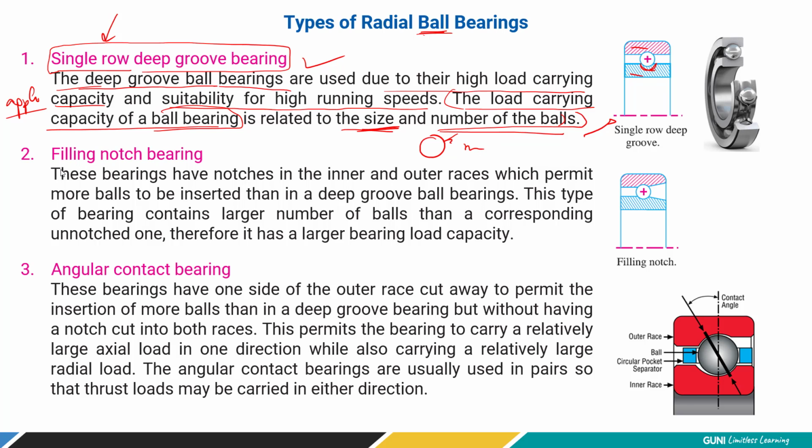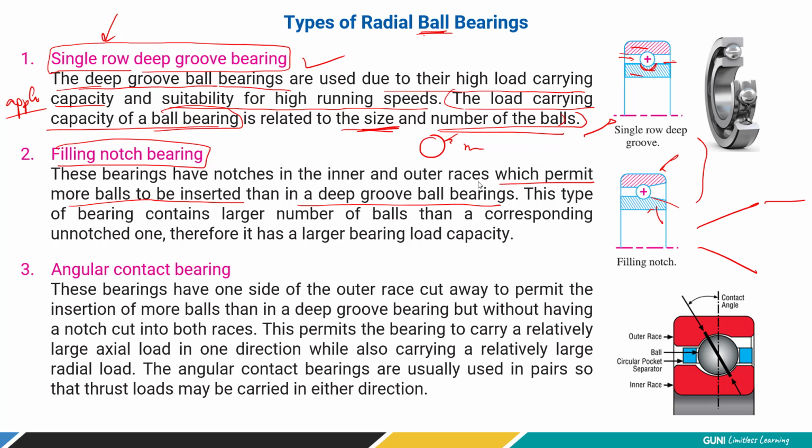Now the second type is the filling notch bearing. Just look at the figure, how it is different from the previous one, right? Here the sideways are similar. Here one of the sideways has a taper shape. These bearings have notches in the inner and outer races. Notch means notch shape. So the inner and outer race have a notch shape, which permits more balls to be inserted than in a deep groove ball bearing.